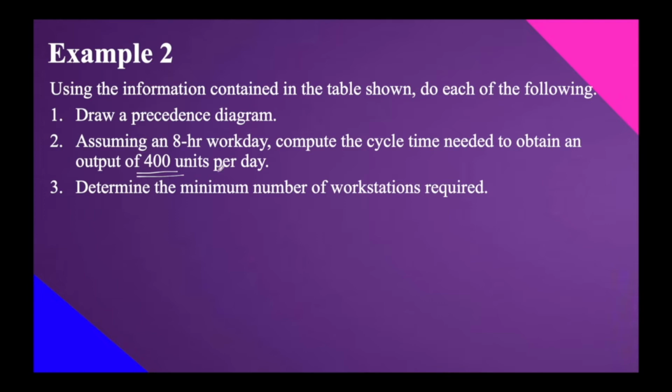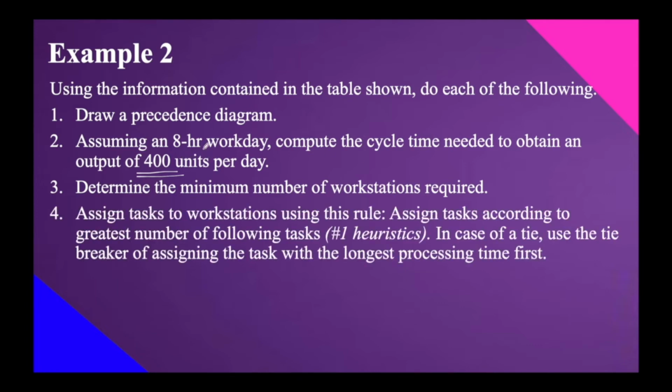We should determine. Unlike sa first example na sabi niya, gawin natin 3. Okay, tatlo. Ito, hindi. We don't have any clue gaano karaming workstation ang magagawa natin. Basta ang goal natin, we should produce 400 units per day. Okay, and next, 4 is assign task to workstations using this rule. So, our heuristics na gagamitin is to assign task according to the greatest number of following tasks.